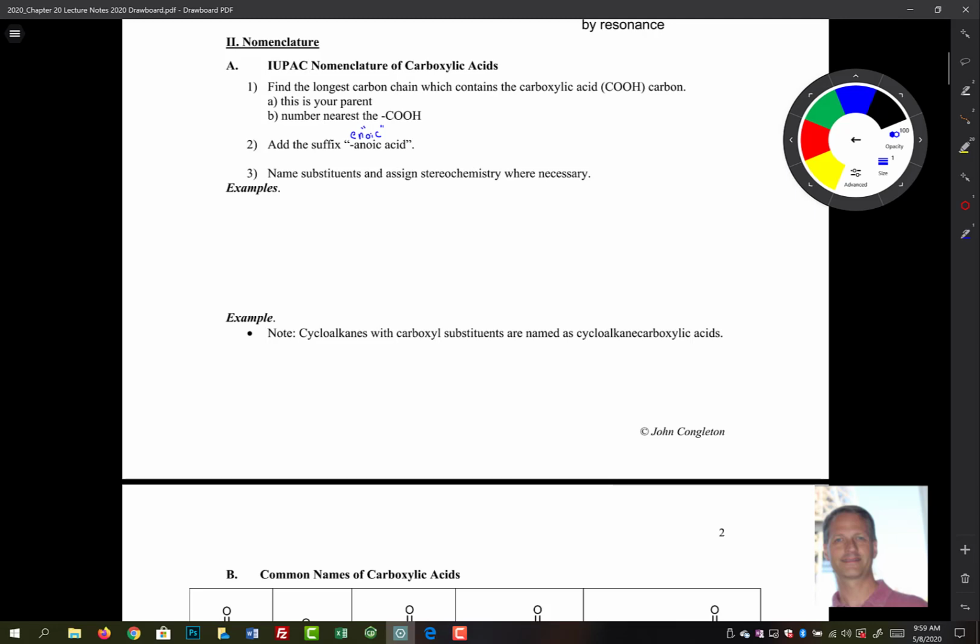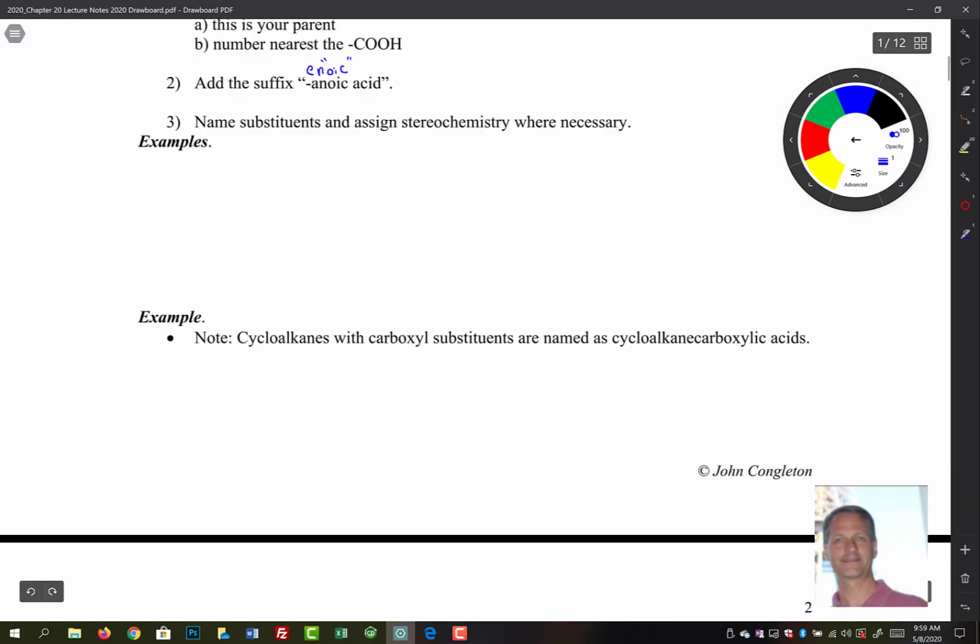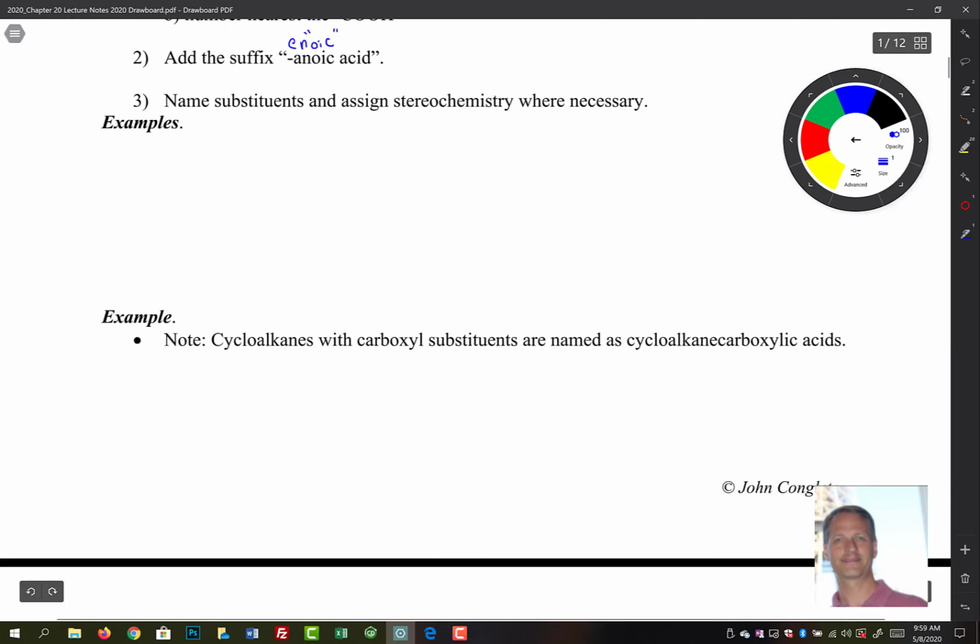So why don't we take a look at an example here. Let's see if we can name the following molecule. So let's put an OH and a carbonyl here. Let's come over and then let's do this. We'll make that a bromo group. So the first thing we have to do is count up our carbon chain here.